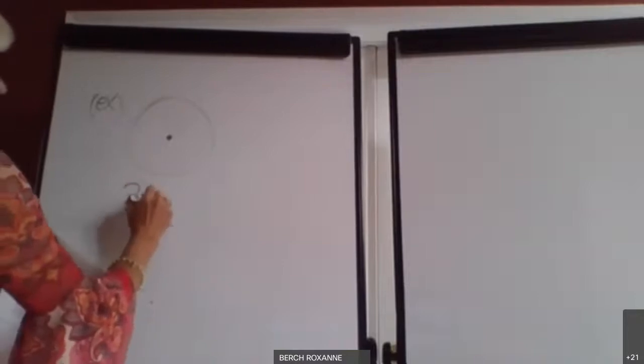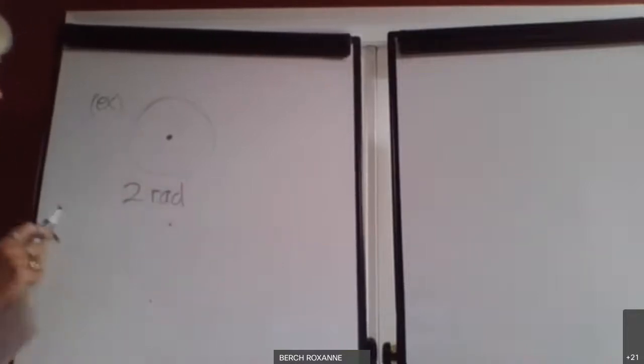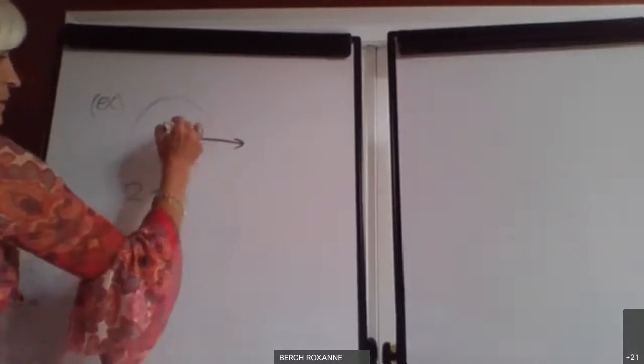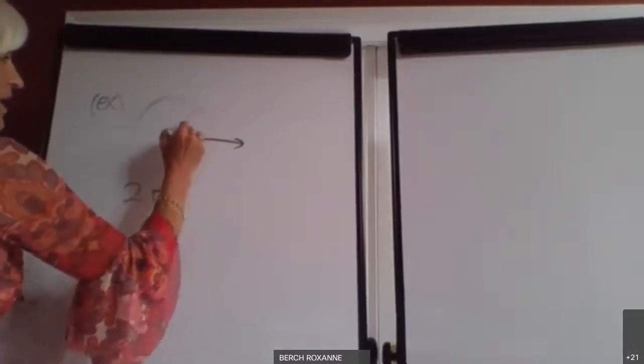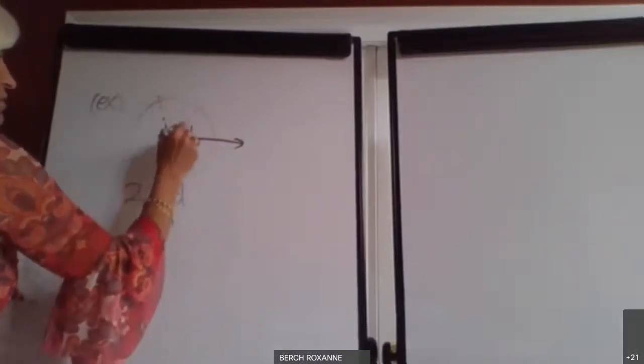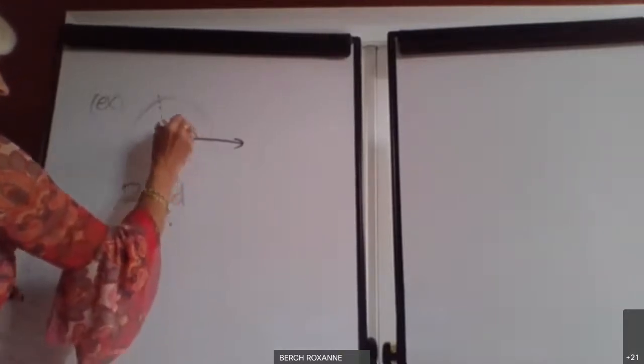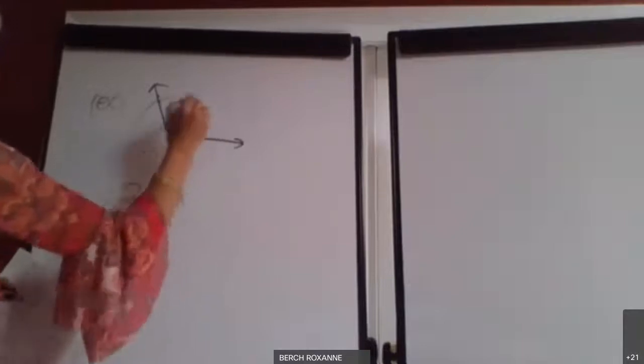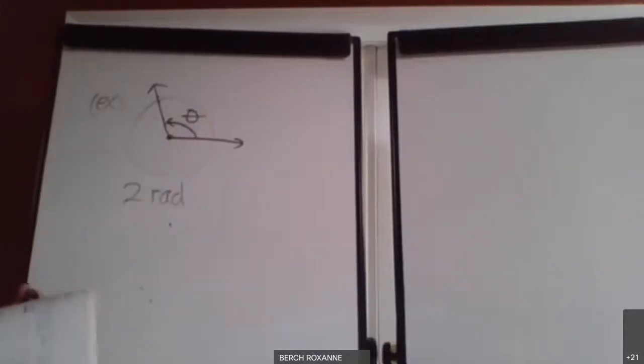If I asked you to draw 2 radians in standard position, you would just make a little mark for 1 radian, make a little mark for 2 radians. You're going to draw the angle and name it. That's about 2 radians.